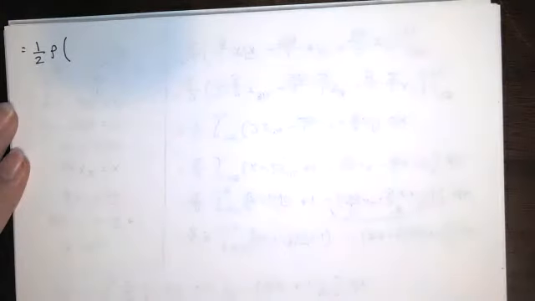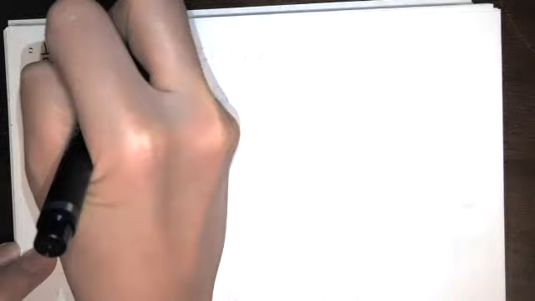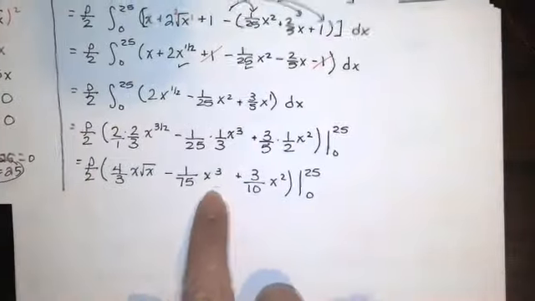You have 1/2 of rho times, so I kind of lost the rest of that. It's 3/4 times x times the square root of x. I said 3/4, but it was 4/3 x times the square root of x. Minus, let's see, 1/75 times x cubed.